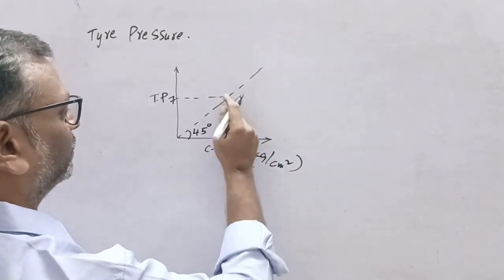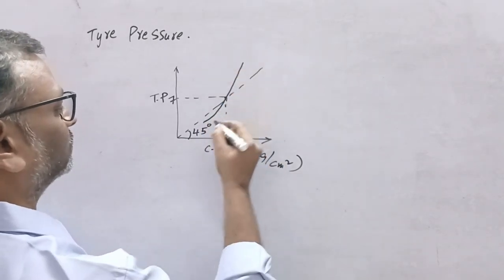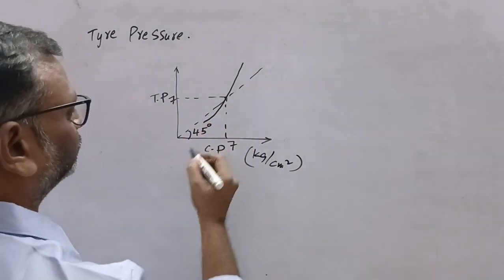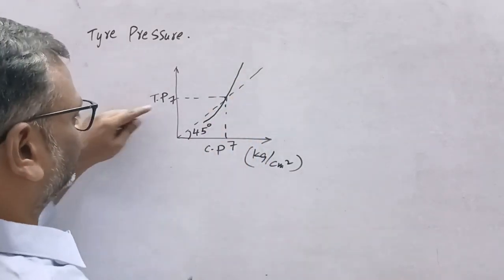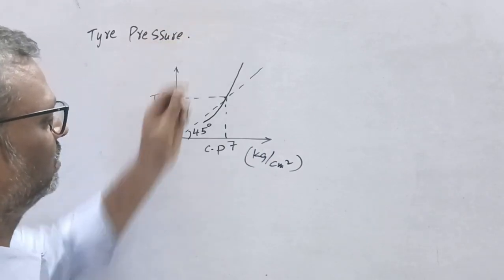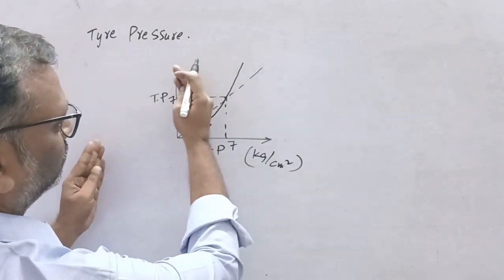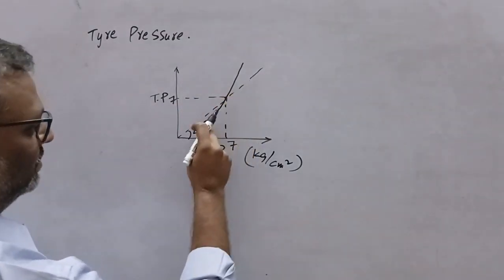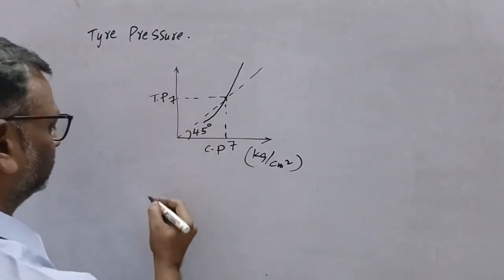So up to this point, the graph should come like this. As the tire pressure is more than 7 kg per centimeter square, contact pressure is reduced, right? And similarly, when it is less than 7, contact pressure is more than tire pressure.